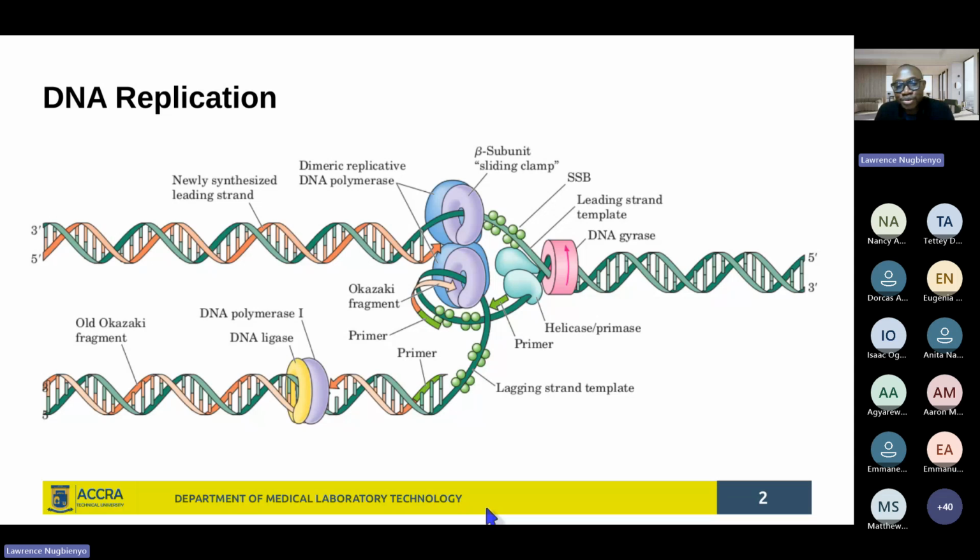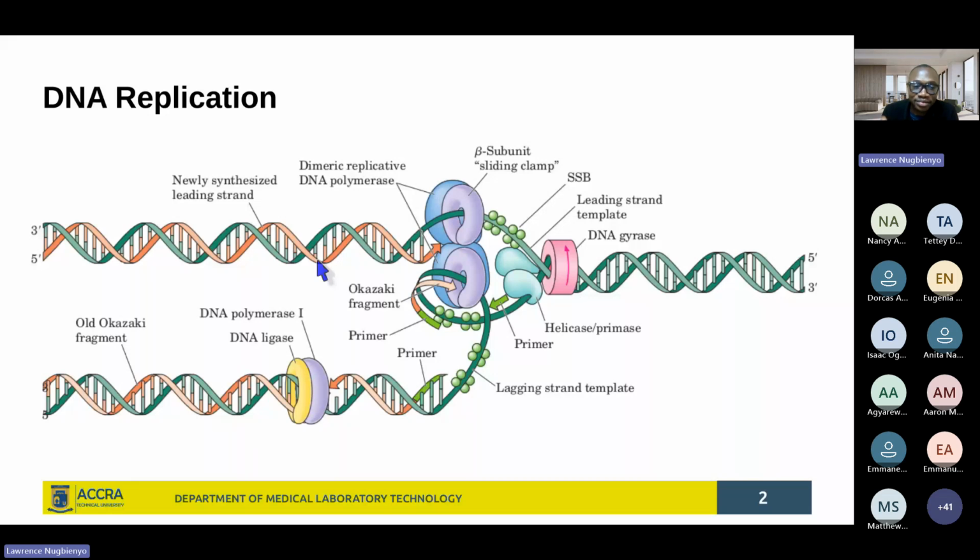So you see at the end of it that you have a DNA molecule out of which you are having two molecules of DNA, and the process of DNA replication is referred to as semi-conservative, because the new DNA molecules being synthesized will contain one old strand and one new strand.